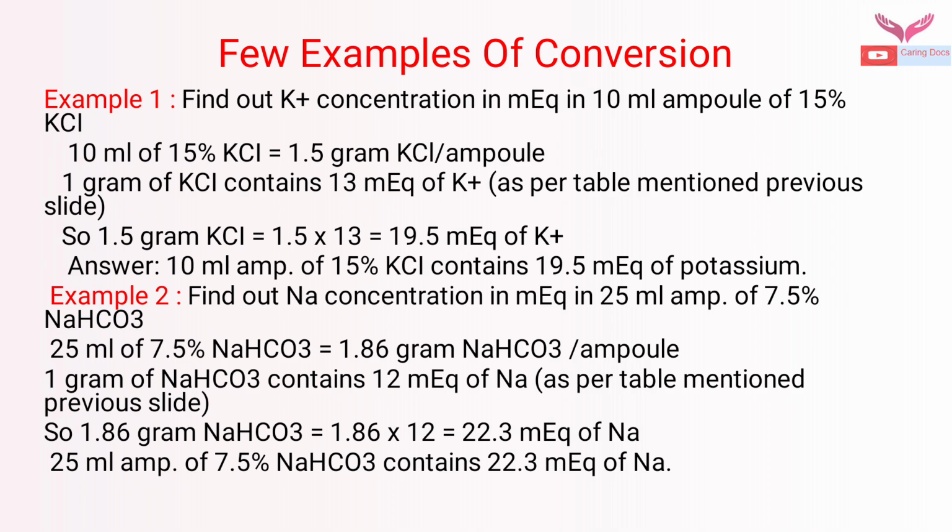Let us take another example. If we have to find out the sodium concentration in milliequivalent in a 25 ml ampule of 7.5% sodium bicarbonate, then 25 ml of 7.5% sodium bicarbonate is equal to 1.86 gram of sodium bicarbonate per ampule. 1 gram of sodium bicarbonate contains 12 milliequivalent of sodium.